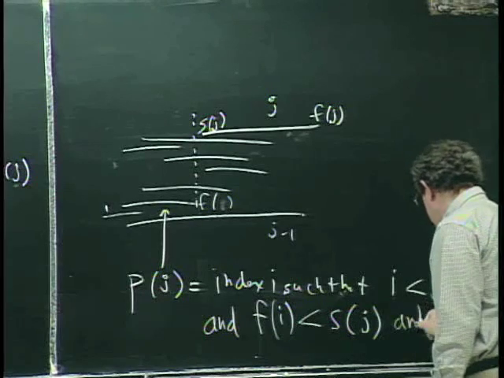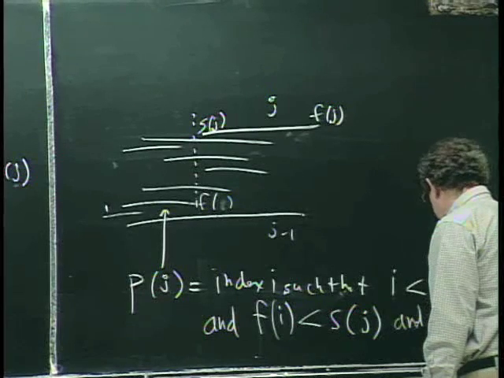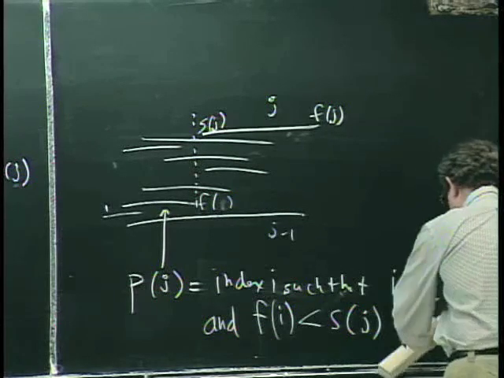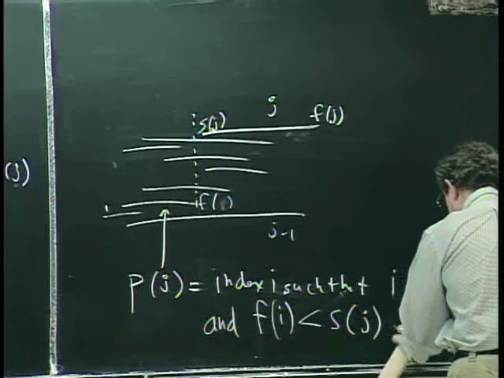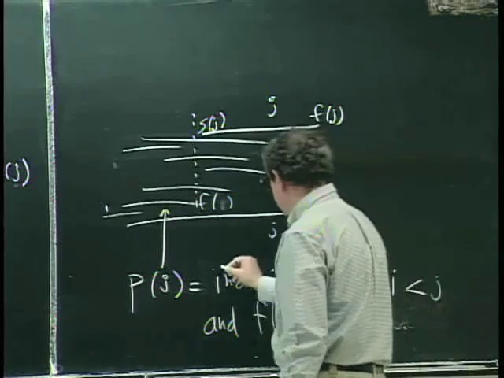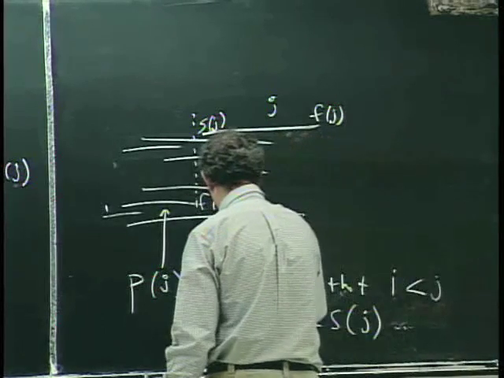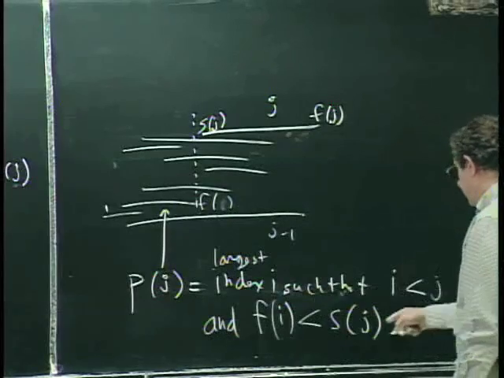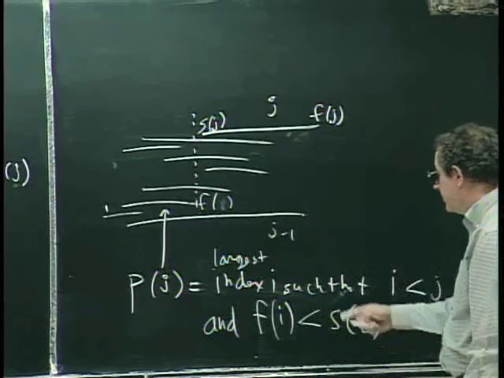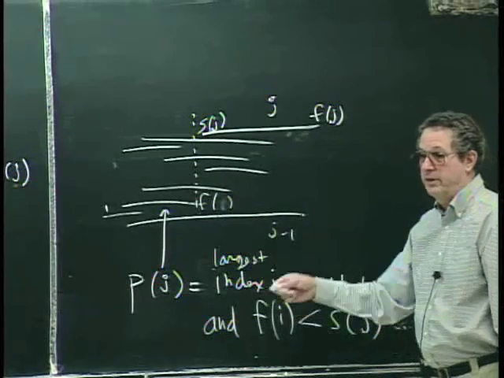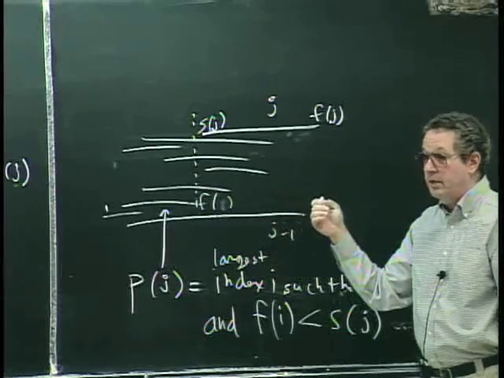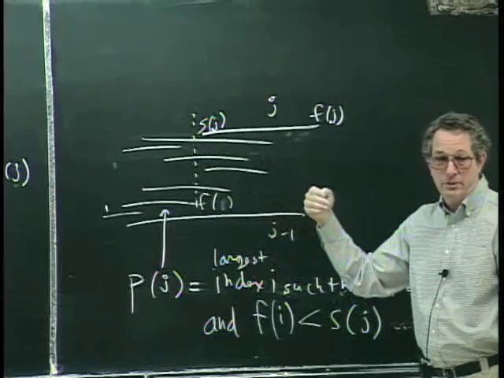And it's the largest index such that this is true. This is in the sorted order. We've sorted the intervals and given them numbering 1 through n based on their ordering in that sorted order.